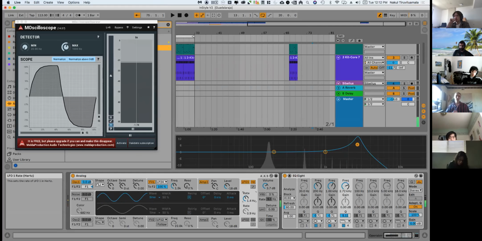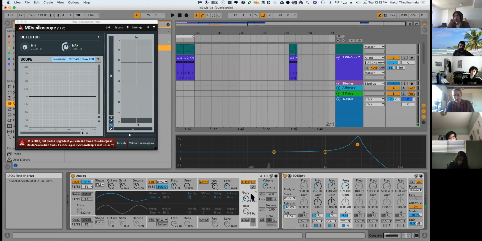If I lower this rate, it's actually decreasing how fast this periodically modulates, right? And this control is exposed right here, so you don't actually have to go inside menus to find it.